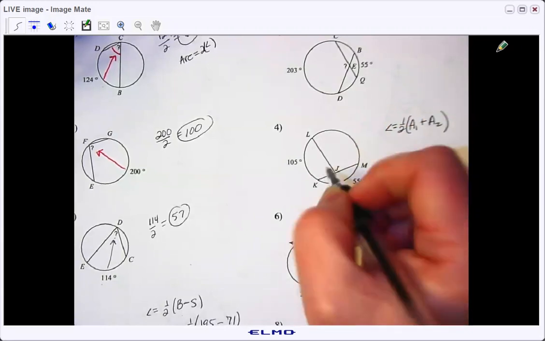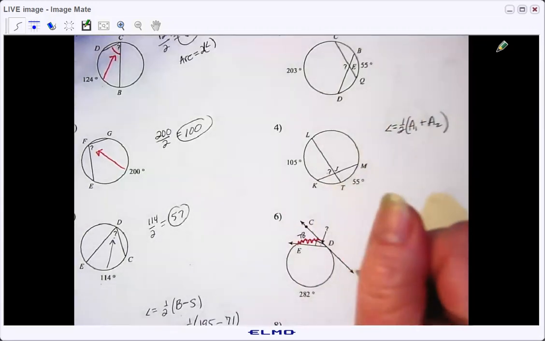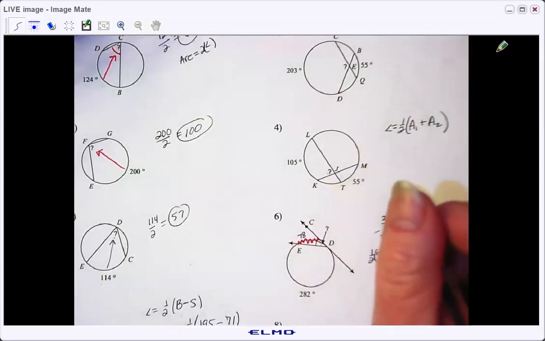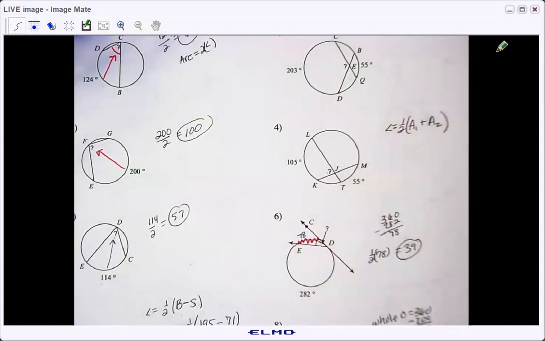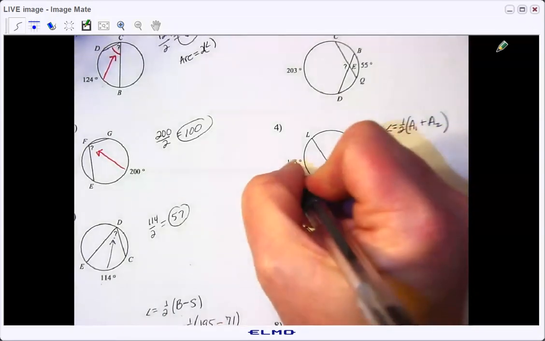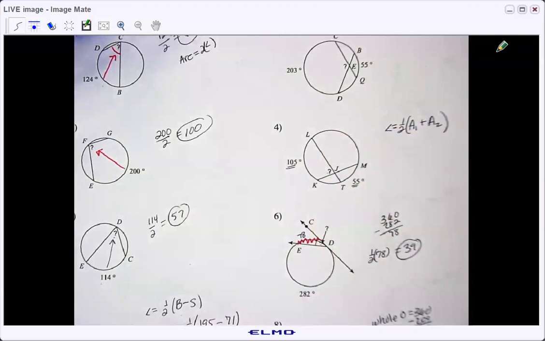So if your angle's in the middle, we're going to add, just like that cross sign, kind of like right there. So we're going to add. And so go ahead and fill in your numbers. Arc 1 is 105 and arc 2 is 55. That's going to give us our angle in the middle.